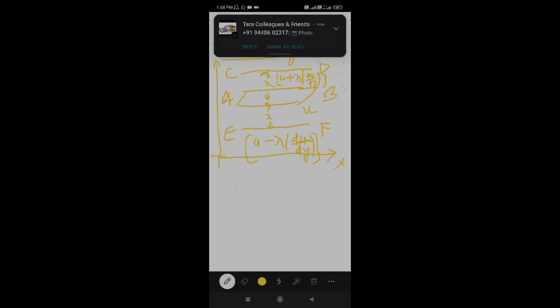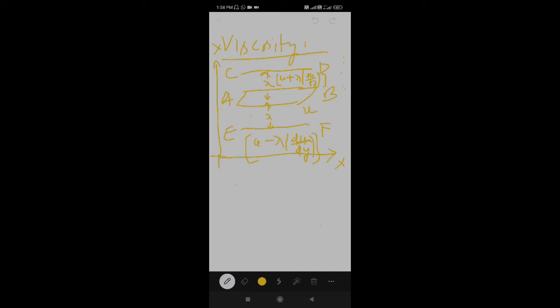See here, some forces are acting on the AB layer. One force is in the forward direction, the other force is in the backward direction, due to the layers. The CD layer is imparting momentum in the forward direction.